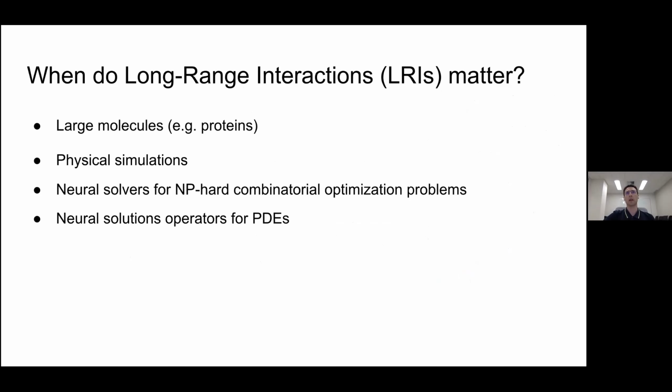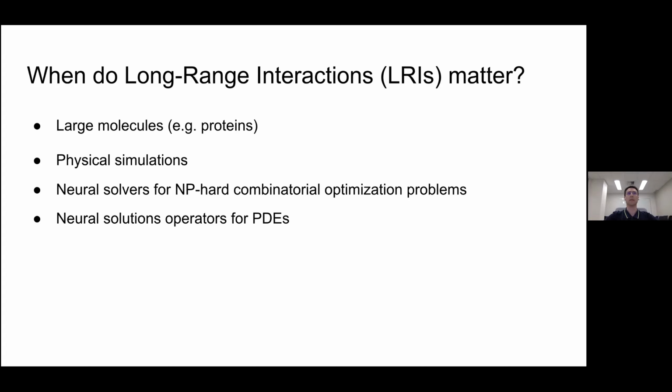So when do these long-range interactions matter? Typically, we would expect to see them in large molecular data sets, when we're talking about large molecules like proteins, where there might be interactions or properties that span the entire molecule or a long distance that is not directly captured in the adjacency matrix of the graph.